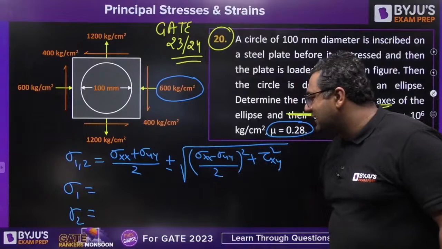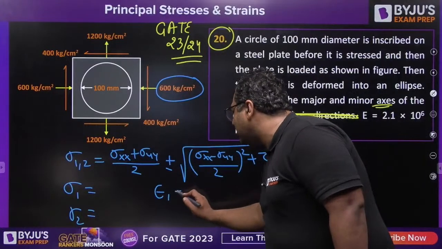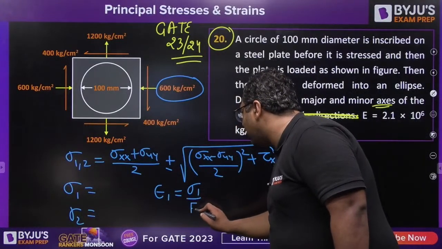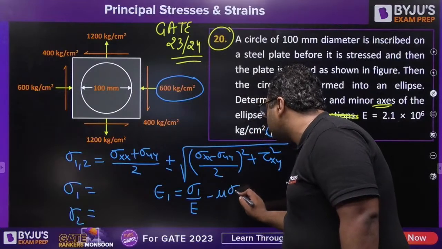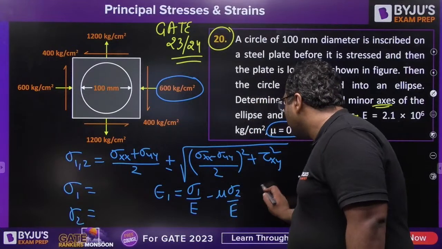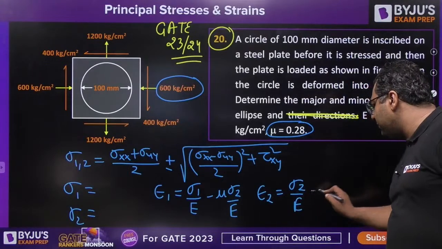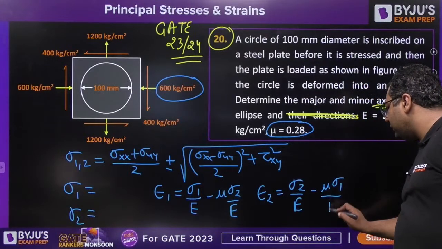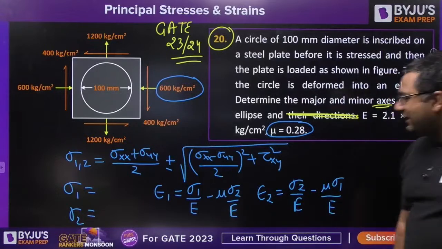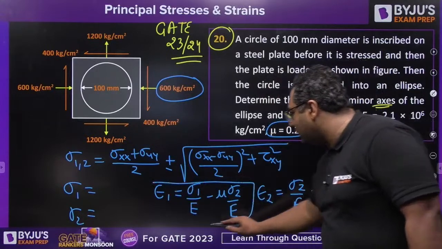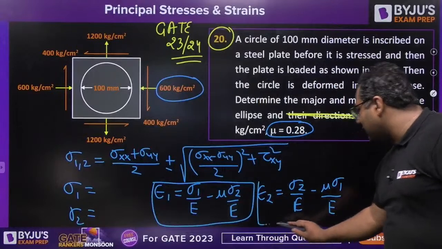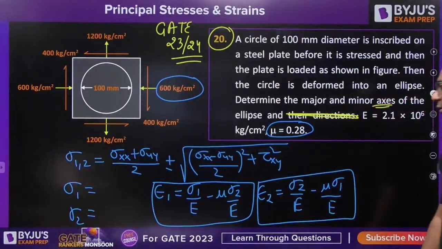After getting sigma 1 and sigma 2, you know epsilon 1 is sigma 1 by E minus mu times sigma 2 by E. Epsilon 2 is sigma 2 by E minus mu times sigma 1 by E. You will get the values of epsilon 1 and epsilon 2.